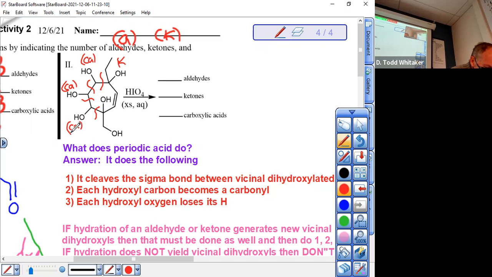Then this one is going to cut there and then cut here. You're going to get initially a ketone. Ketone can hydroxylate too. It will generate an OH adjacent to another OH. And it's going to become a carboxylic acid because it has a cut on each side.